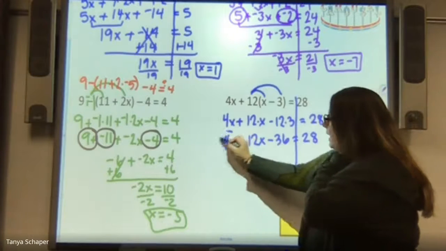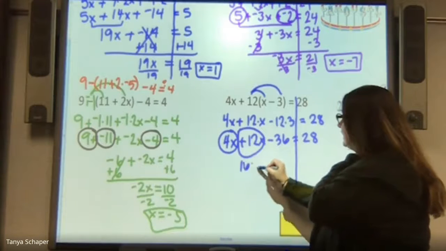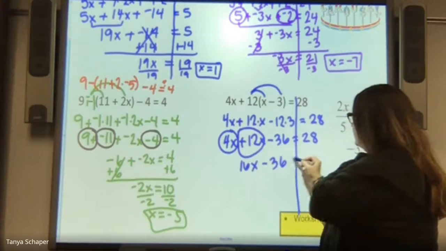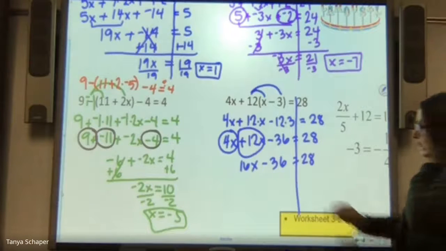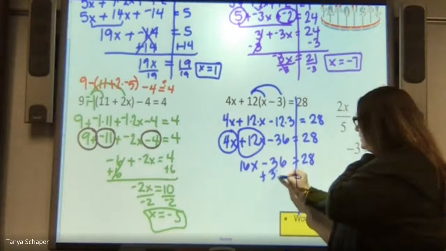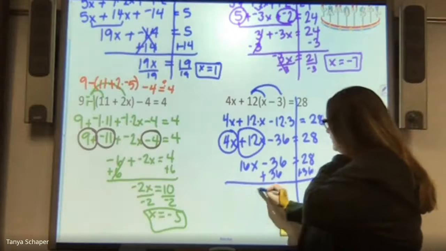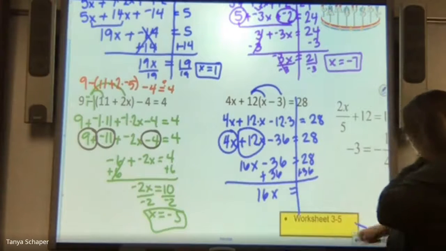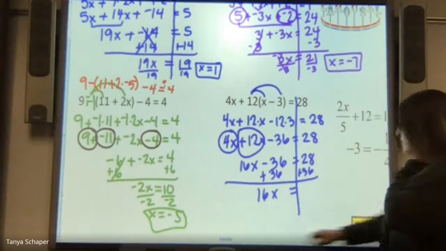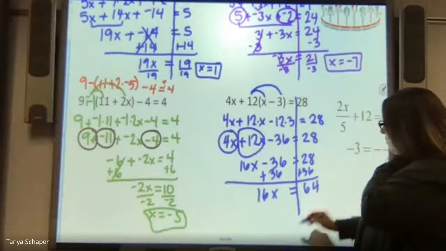I'm going to combine my like terms. 4x and 12x is 16x minus 36 equals 28. We'll add 36. 16x equals 64.